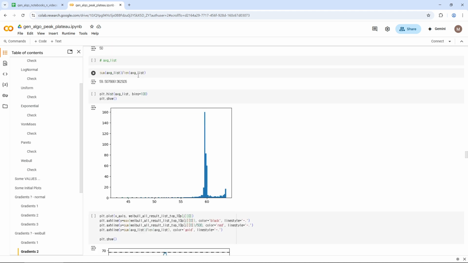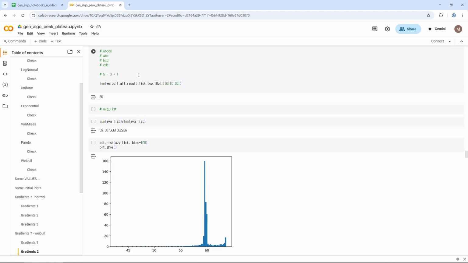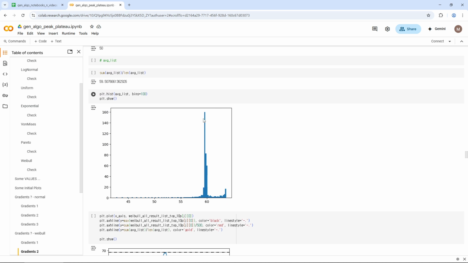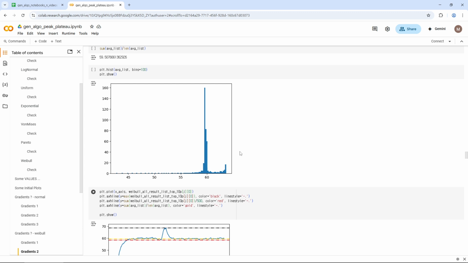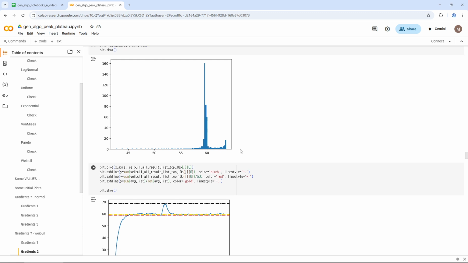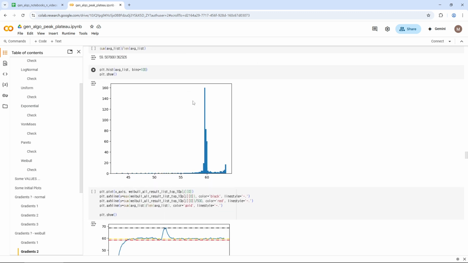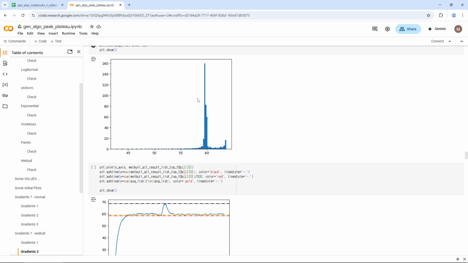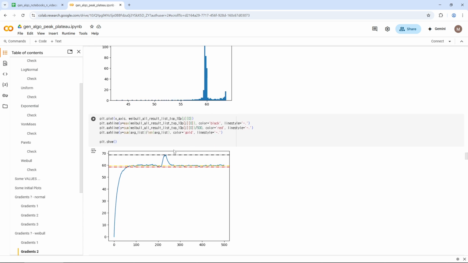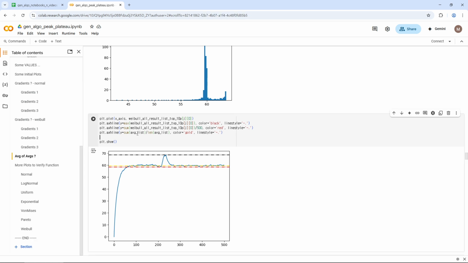And then here's the histogram of that, which is like this. And then I got the average of these moving averages, and then I plotted it, which is this one.